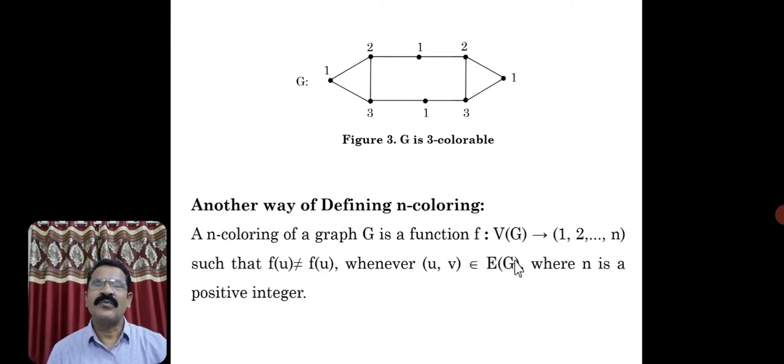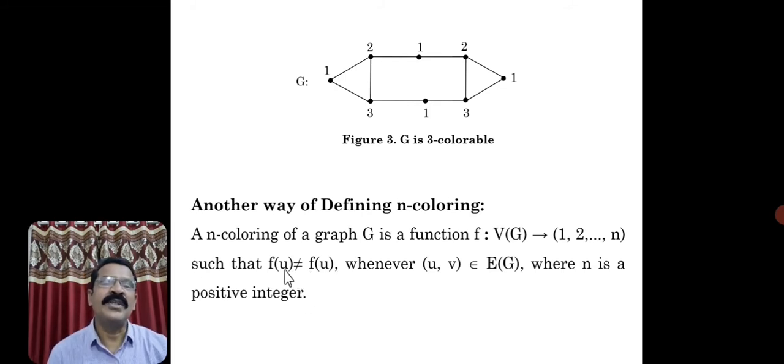The colors we are not considering as red, blue, green, yellow, but we are using numbers: color 1, color 2, color 3, color 4. Therefore, n coloring is nothing but a function from the vertex set of the graph to the positive integers, or you can say the natural numbers 1, 2, 3, 4, like that up to n, such that f of u not equal to f of v.